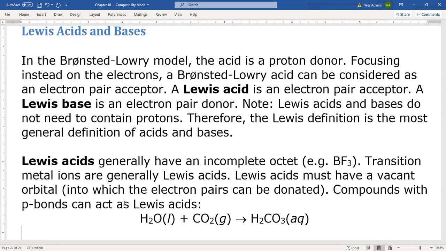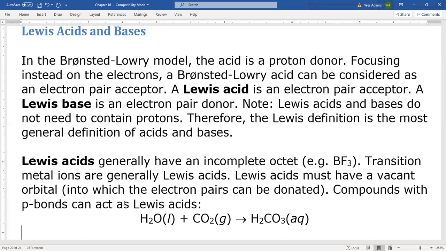Well, you probably have heard in lab by now that we boil the water to get the dissolved carbon dioxide out, and it raises the pH to closer to 7. And it's because that carbon dioxide reacts with water to produce carbonic acid.